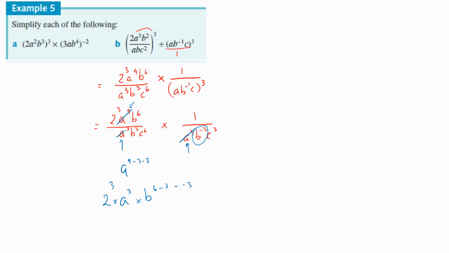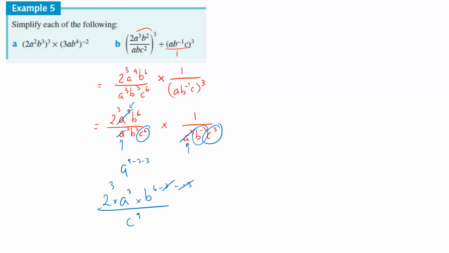But these two will cancel out. Negative 3 plus 3 is 0. So I have now B6. That's all in the numerator so far, by the way. I'm just working with the B6s, so it just tells me how many B's I have. In the denominator, I've still got C6 times C3, and there's nothing in the numerator, so this will stay as C6 times C3, C9.